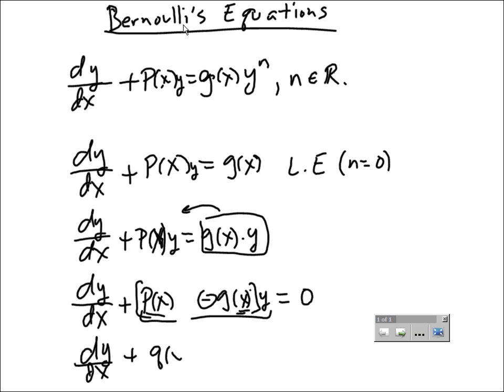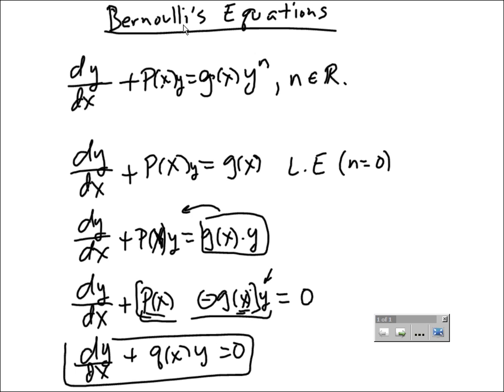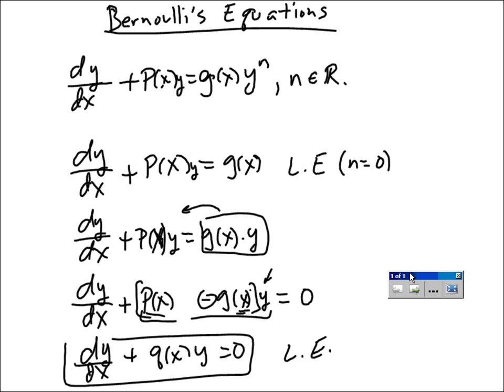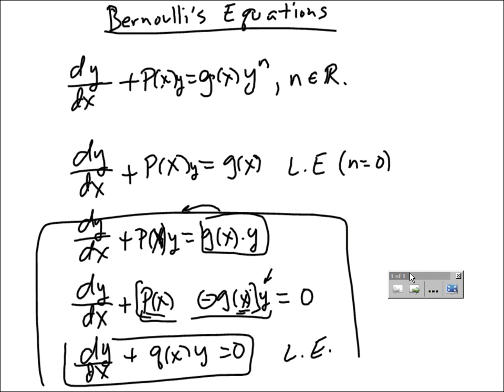Call it q of x, times y equals 0. This is also a linear equation where n is equal to 1. In fact, this is a homogeneous linear differential equation because the right side is 0.